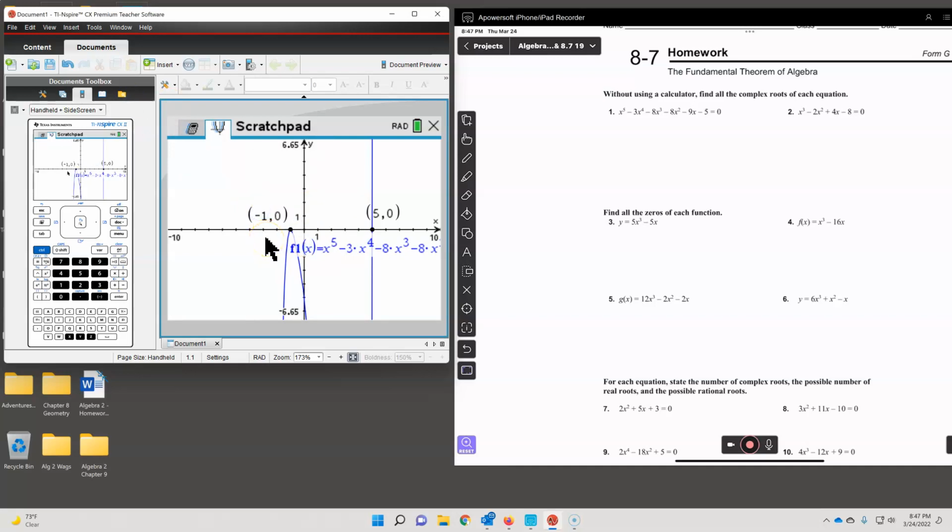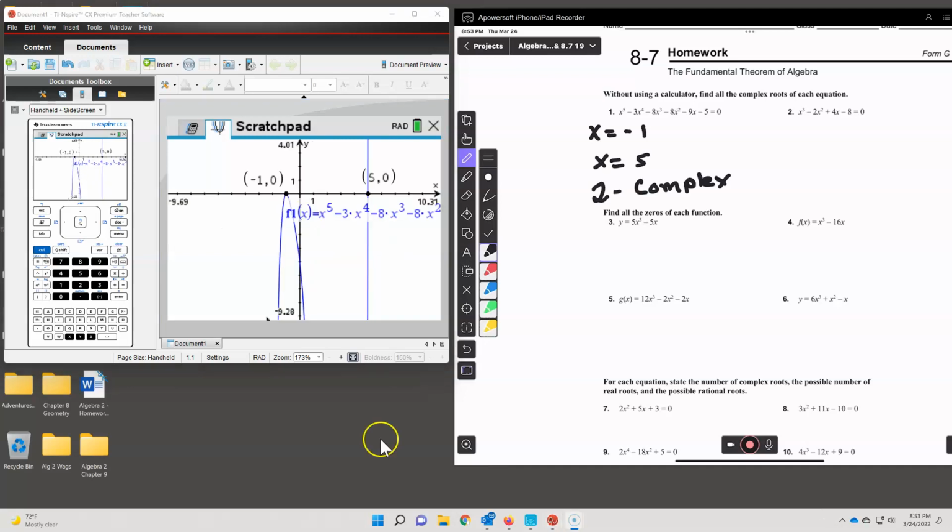Because I want you to practice using the calculator, all you're going to say is x equals -1, and x is equal to 5. So we're going to write down x equal -1 as our answer, and x equal 5 is our second answer, or second root.